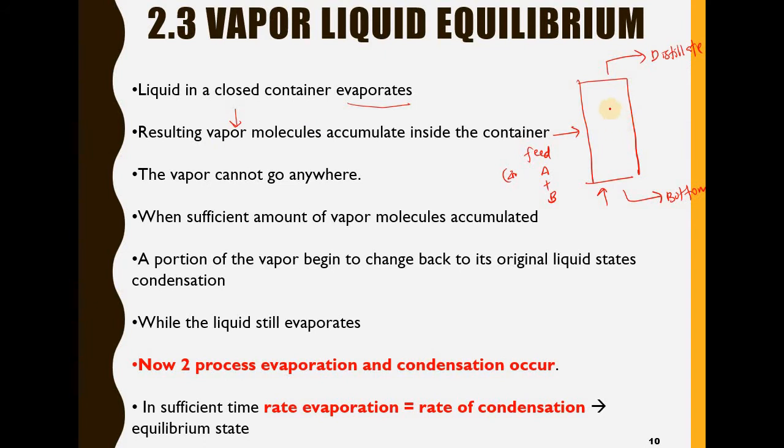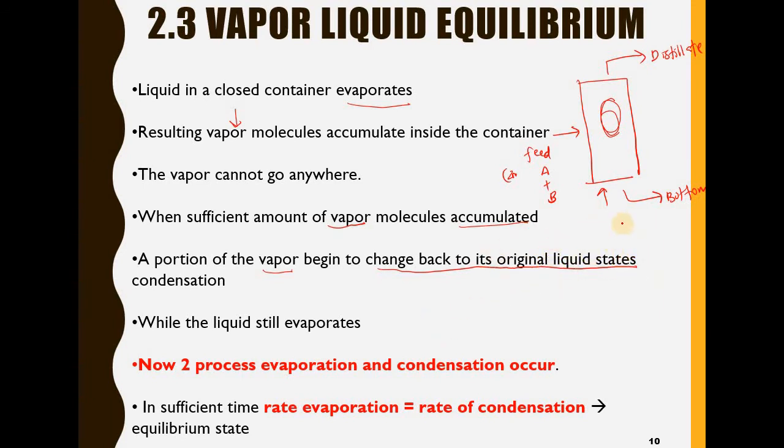When a lot of vapor accumulates inside the container, the vapor cannot escape. A sufficient amount of vapor will accumulate inside the column, and when that happens, a portion of the vapor will begin to condense, changing back into its original liquid state.